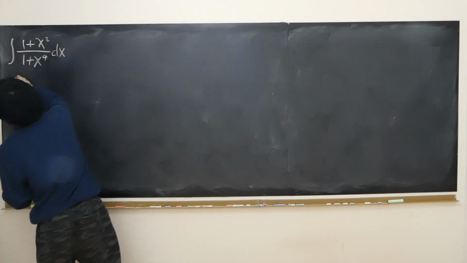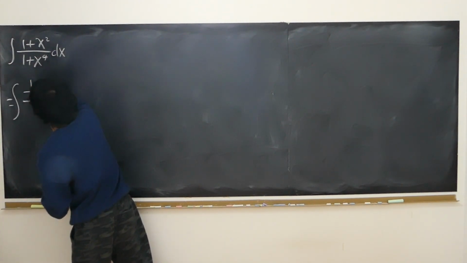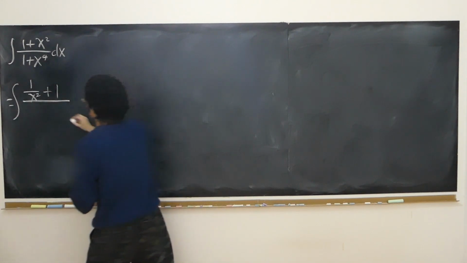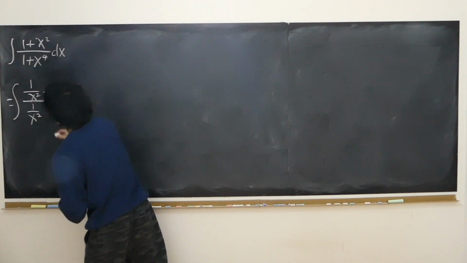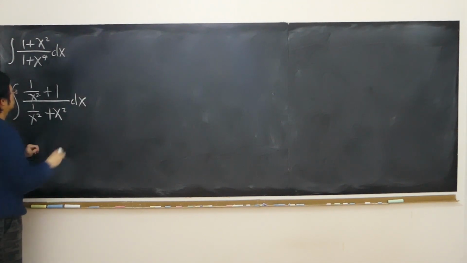So we can divide the top by x squared and have 1 over x squared plus 1. Bottom we have 1 over x squared plus x squared, dx.